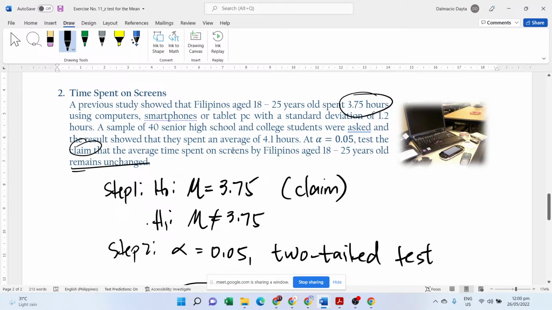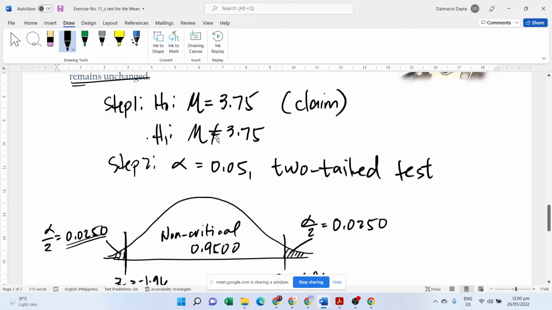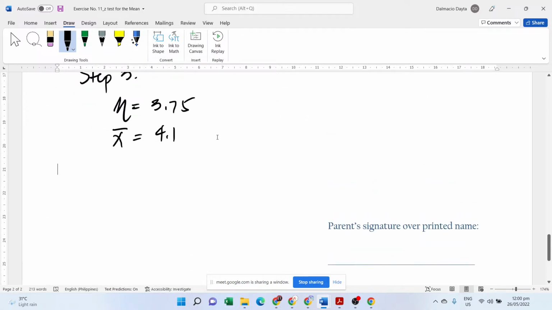Okay. The sample of 40 senior high school and college students, of course, 4.1 hours. And then, the standard deviation of the population is 1.2 hours. Nabanggit na natin, 40 senior high school and college students, so the sample size is 40.